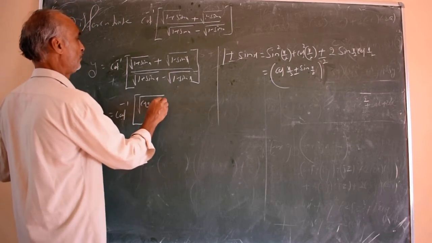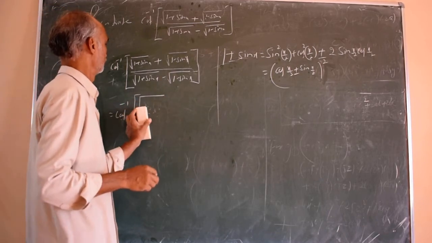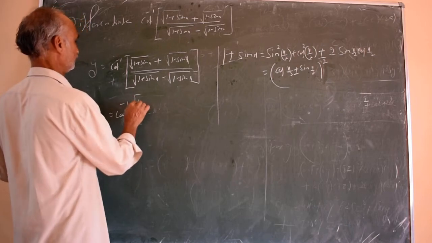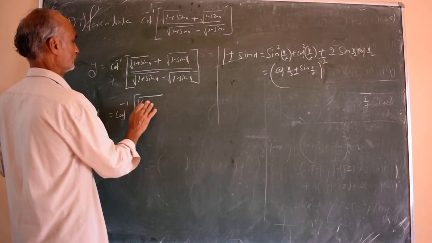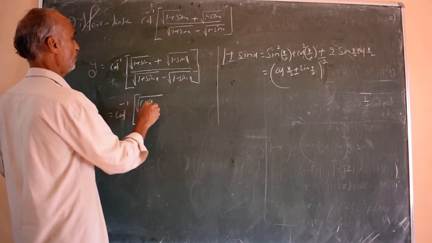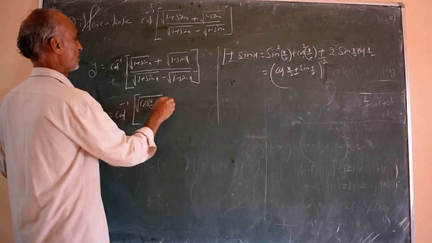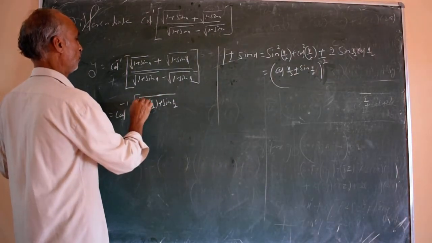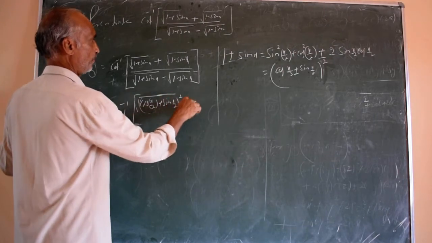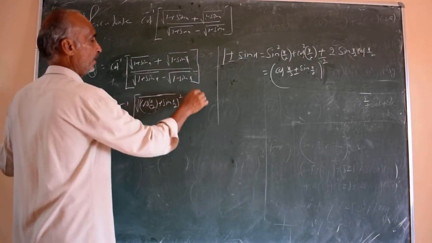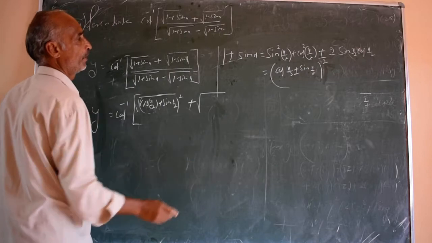Cot inverse, square root of cos x by 2 plus sin x by 2 the whole square, plus, as it is, 1 minus sin x. What is 1 minus sin x?